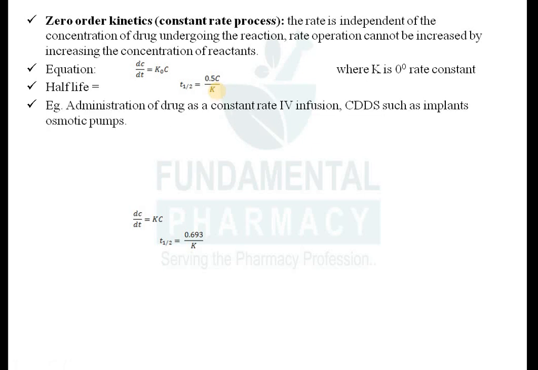Example: administration of drugs by constant IV infusion, where you give saline and it keeps running constantly. In that case, the elimination will be zero order. If you are giving a controlled drug delivery system, any controlled formulation like implants or osmotic pumps, that will also be eliminated by zero order kinetics.